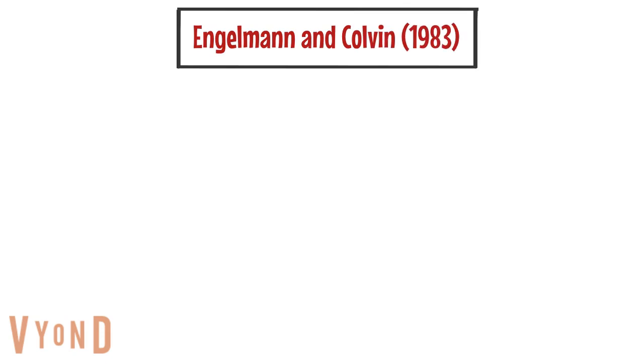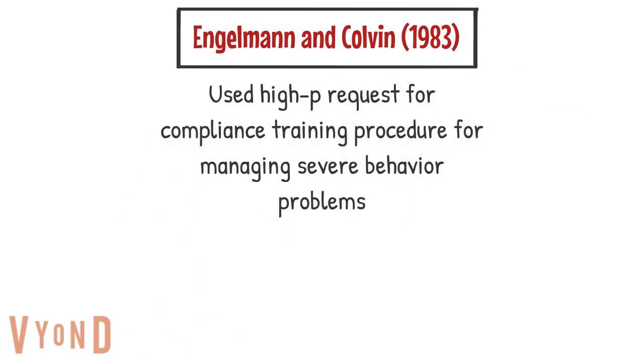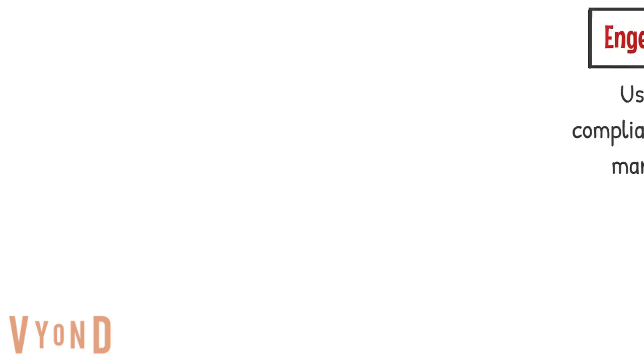One of the first formal descriptions of high P request sequence was by Engelmann and Colvin in 1983. So in short, they used a high P request sequence to increase compliance and for managing severe problem behaviors.